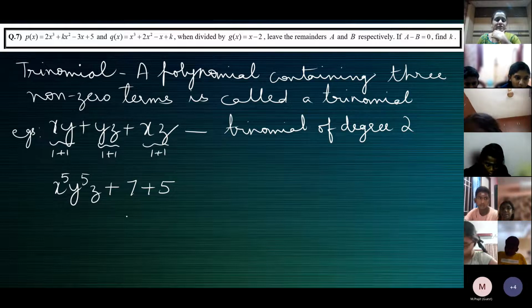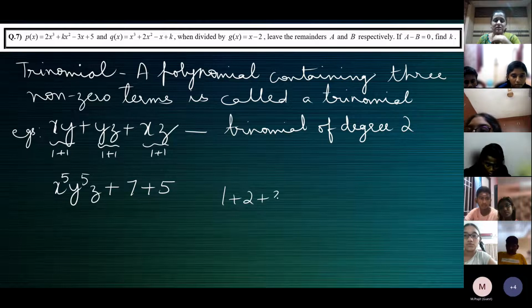This is a trinomial, right? It's not a trinomial. Then this is a trinomial. 1 plus 2 plus 3. This is a trinomial. No, ma'am.